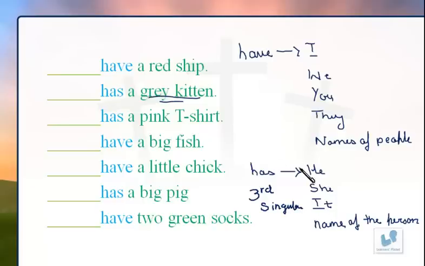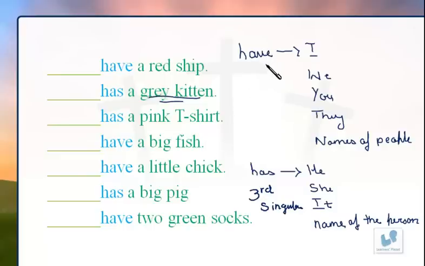So it could be he has a pink t-shirt, she has a pink t-shirt, it has a pink t-shirt, if you have an animal which has worn a t-shirt, and name of the person. For example, Rishi has a pink t-shirt.